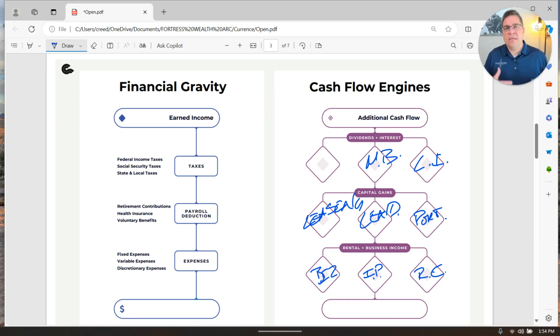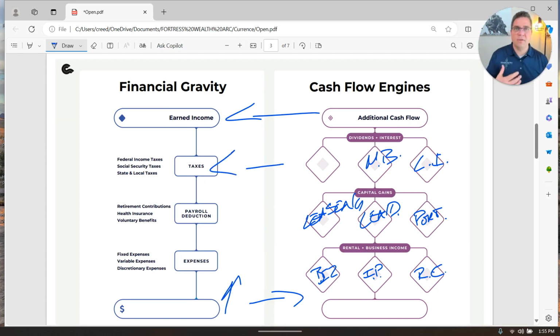Now, the great thing about cash flow engines is that they begin to take pressure off of the paycheck. When you take pressure off of the paycheck, the savings rate increases. With the increased savings rate, more money is able to be moved over to building on or acquiring additional cash flow engines. We take more pressure off of the paycheck and we repeat the process over and over again.